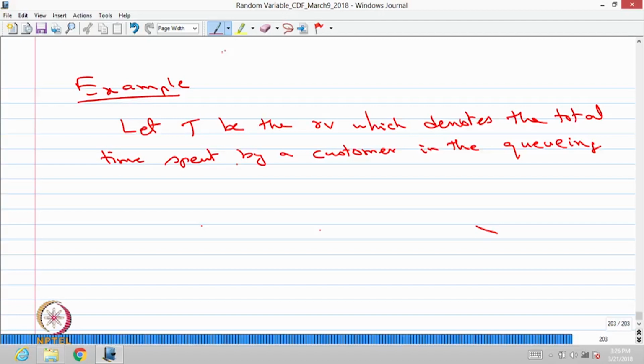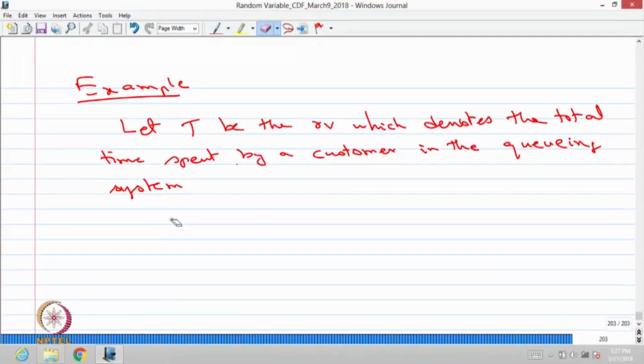Here I made a very simple queuing system in which only one server is in the system, there may be n number of people waiting. After the service is over, then only they can leave the system. We are interested to find out the distribution of T if I supply the information about how much time is taken for a customer's service and what is the distribution of number of customers in the system.